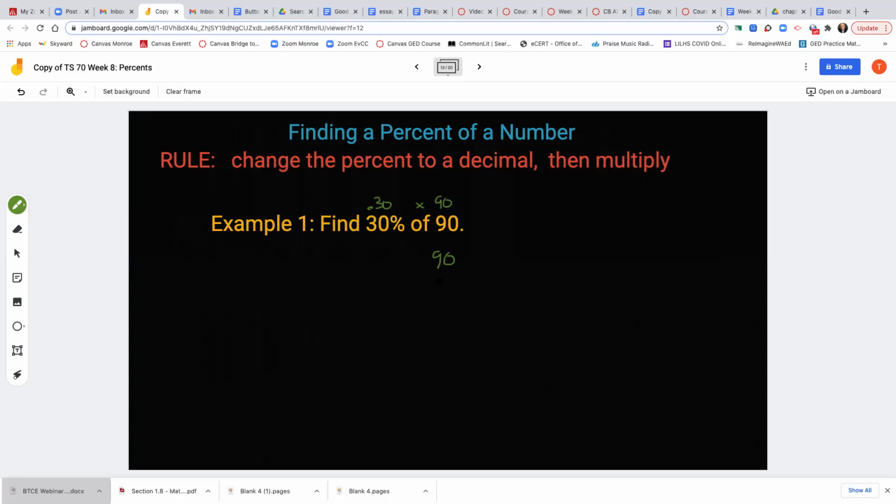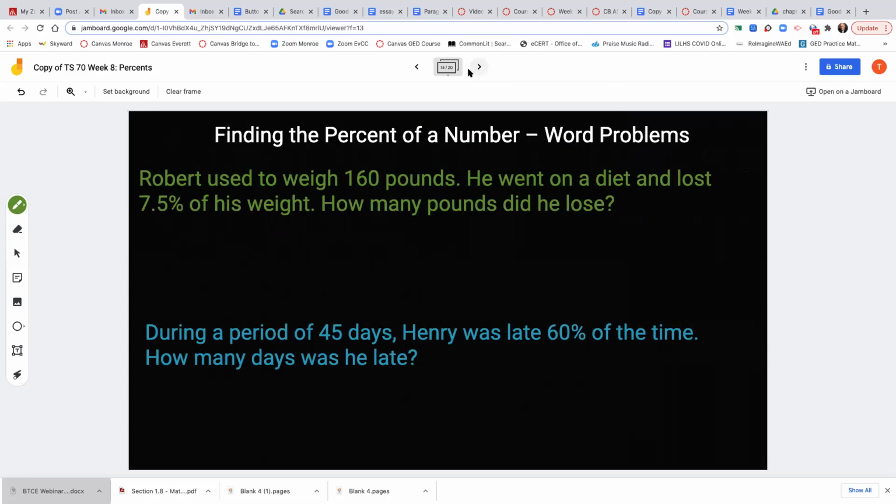It's just 90 times 0.30. And that will give you the answer. What do we say that was? 270? No, 27. 30% of 90 is 27. So that's this method of if they just ask you for a certain percent of something, okay?